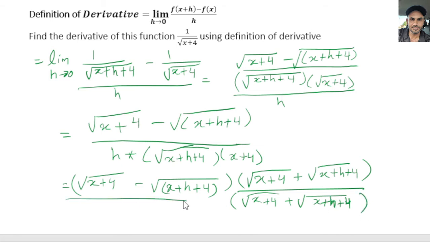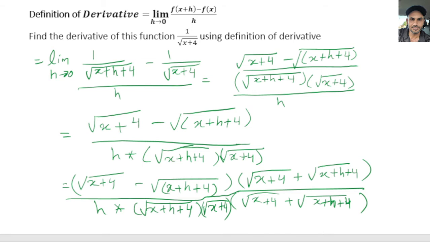And then we also had a denominator already, which was h times square root of x plus h plus 4 times square root of x plus 4, and there's a square root right here too. All right, so we have a little simplification to do here, so let me go on to the next slide.